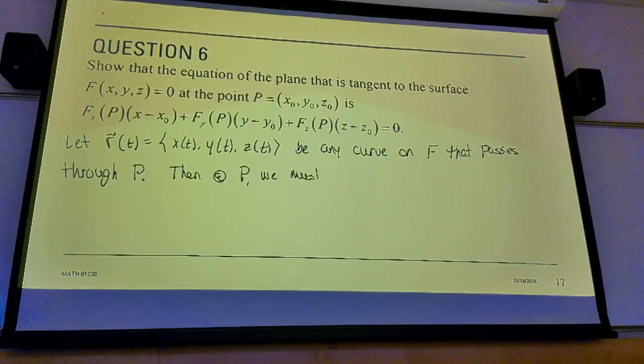At P, we must have the derivative equal to 0. So fx x dot plus fy y dot plus fz z dot has to be 0.